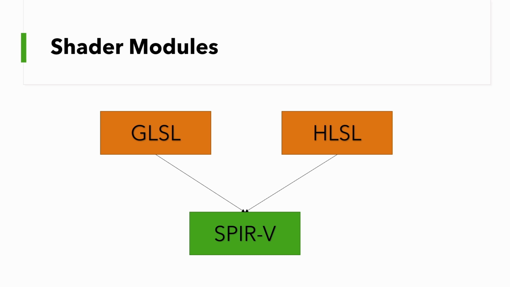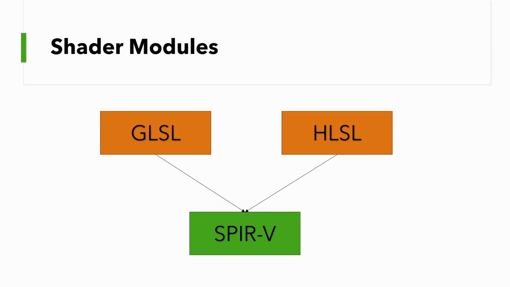I'm not going to go into the differences between these two, just know that we can technically use either one. For any of you that have used OpenGL, typically the way that this works is you have a file that you read in that contains your GLSL code, and then you just compile that during runtime and feed it to the OpenGL API during runtime.